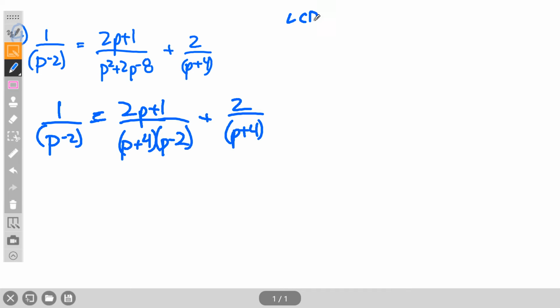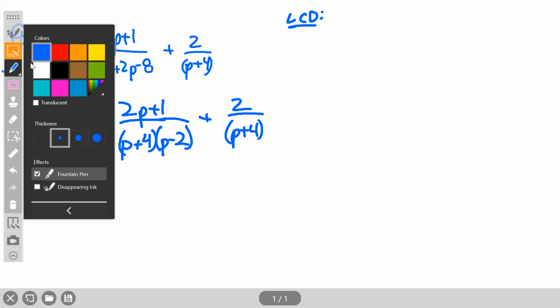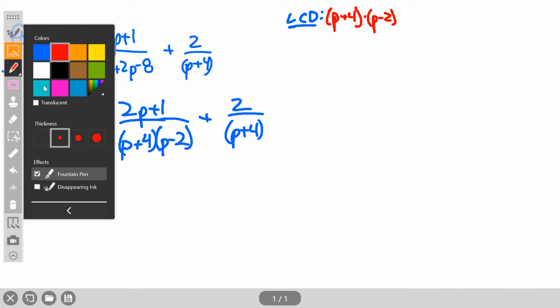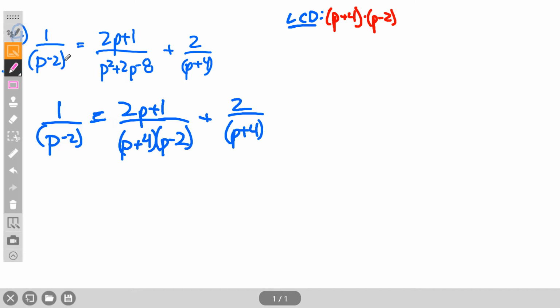All right, so the LCD, do they have anything in common? Well, yes, they both have a p plus 4 in common, and they have a p minus 2 in common. So the LCD is p plus 4, p minus 2. So to get that for the first fraction, I would need to multiply by p plus 4. To get that for the second fraction, well, it's already got that.